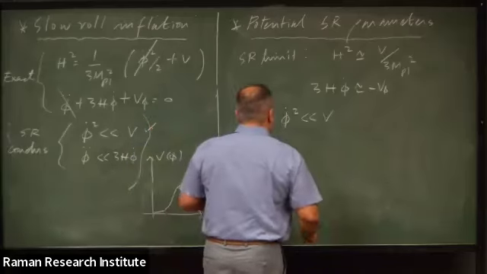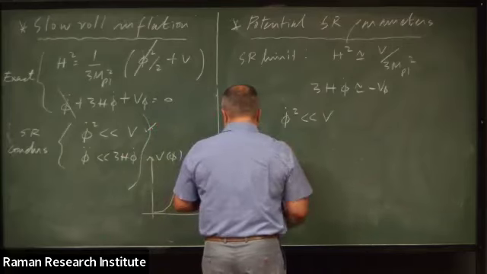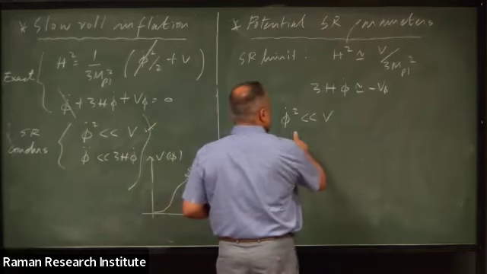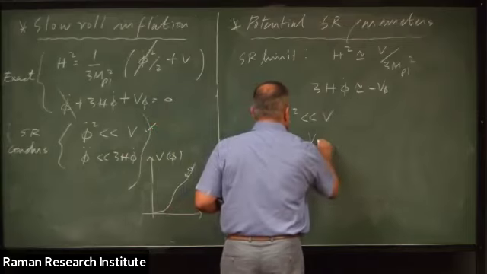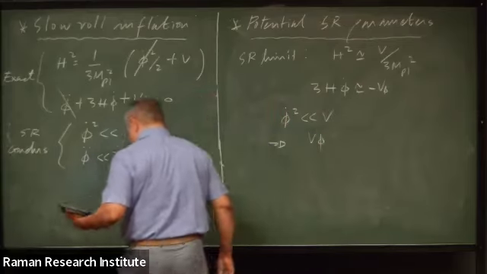I can write this as follows. Phi dot is V phi. I don't care about factors of 3.